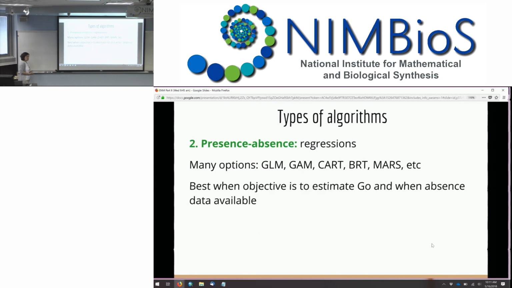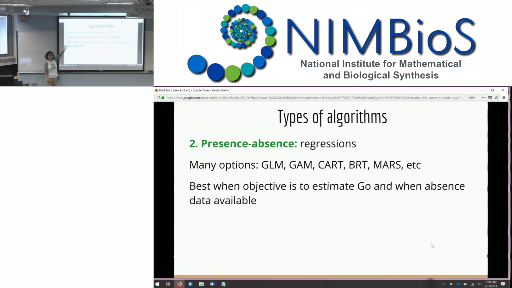Then we get to presence absence. So now we have both presence data and absence data, and we can do regressions. There are many options: general linear models, general additive models, classification and regression trees, and so on and so forth. Its use would be best when our goal is to estimate that occupied geographic distribution, so the intersection of the three circles where the species are present.